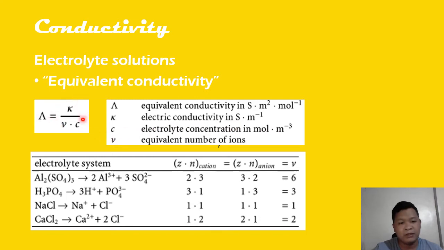So based on what we can see here, an increasing electrolyte concentration as well as an increasing number of ions per mole of the electrolyte system leads to a decrease in equivalent conductivity, while of course having a higher electrical conductivity value increases the equivalent conductivity.